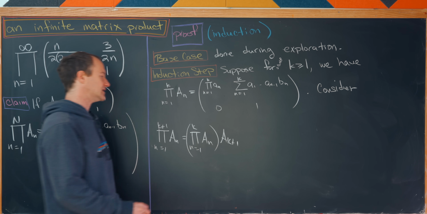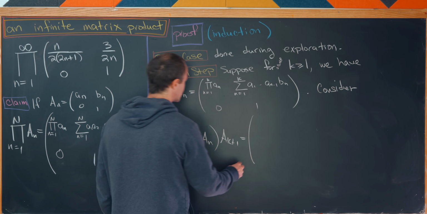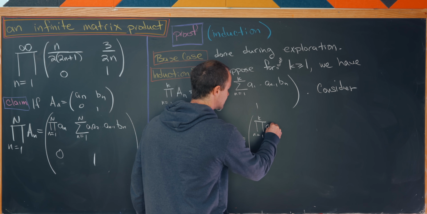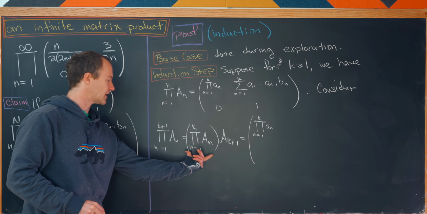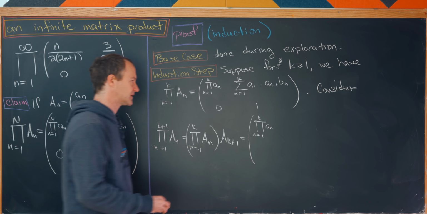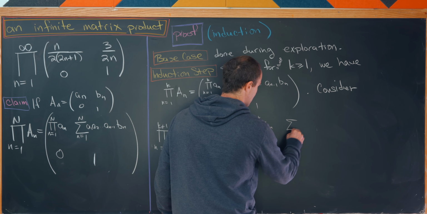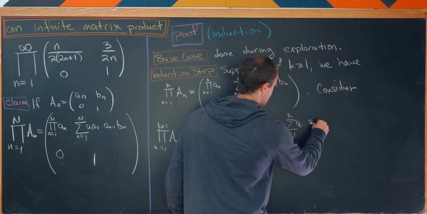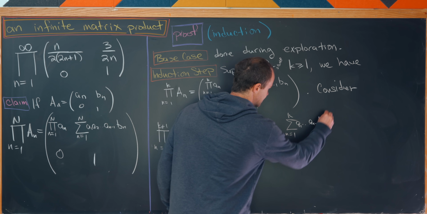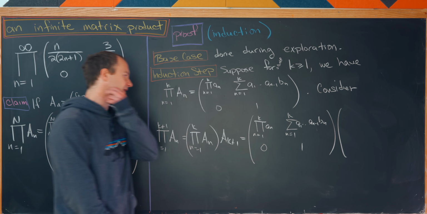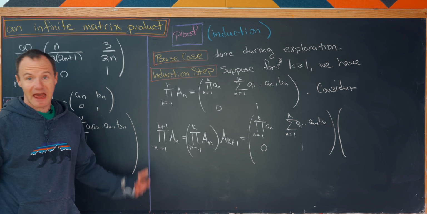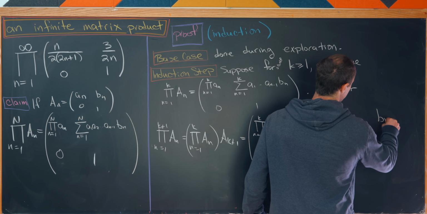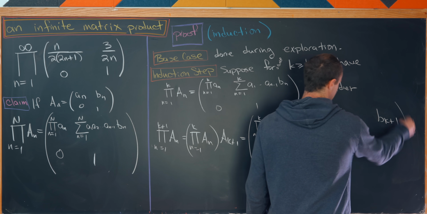Now I can apply my induction hypothesis, and that'll give me the product as n goes from 1 to k of little a sub n for this term. Here I'm rewriting this using my induction hypothesis, and then I'm just going to bring this down. So my sum as n goes from 1 to k of the product a1 up to a n minus 1 times b n, and then 0, 1 in that lower row. And then I multiply this by the k plus first matrix, so this will be a sub k plus 1, b sub k plus 1, 0, and 1.